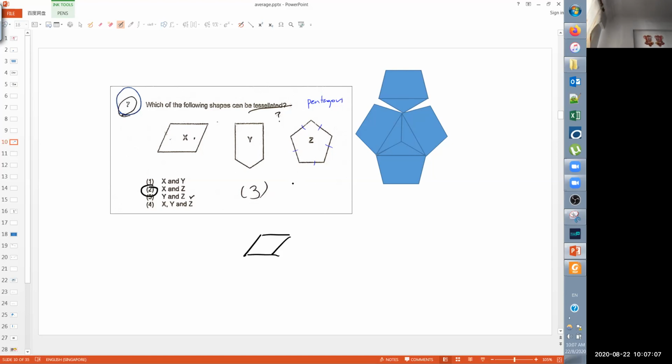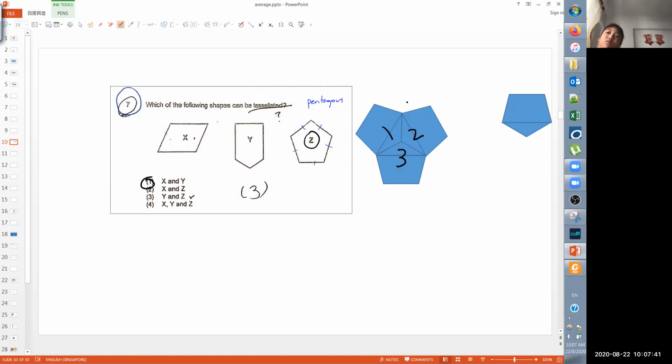One. 1, right? So that's the reason why. Can you see that your Z, the answer is 1, right? Can you see for this one, there's this gap. So what I'm trying to show here is, by the way, this is your figure 1, this is your figure 2, this is your figure 3. It comes from this. So after this combination, you will leave no gap.